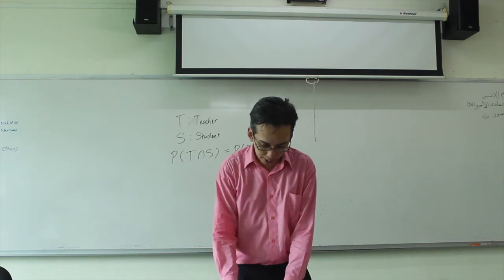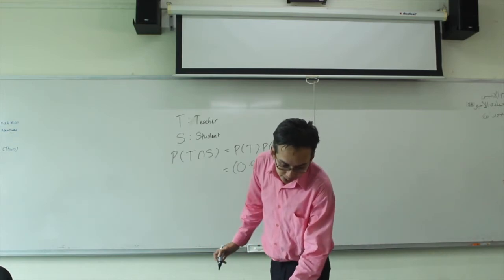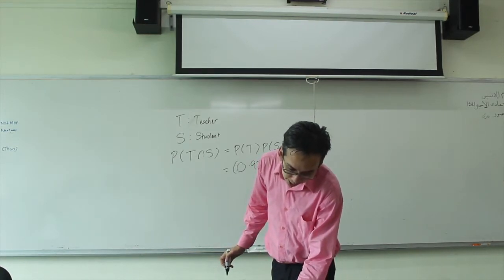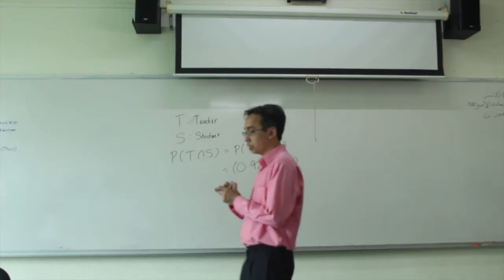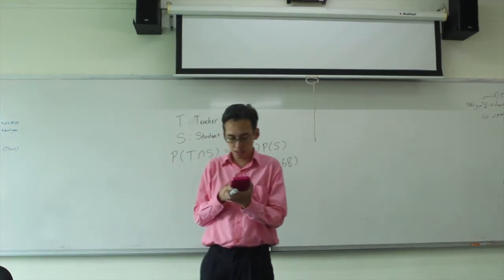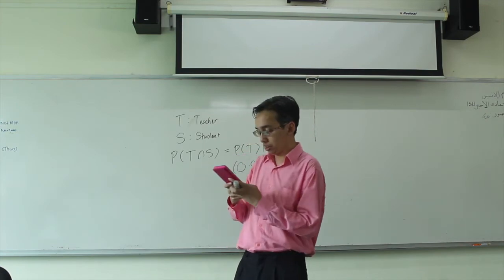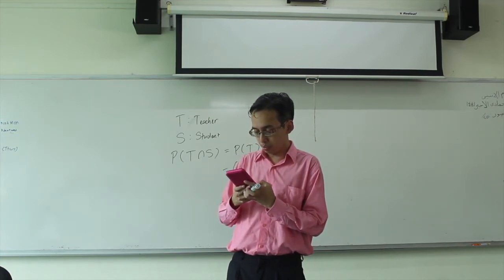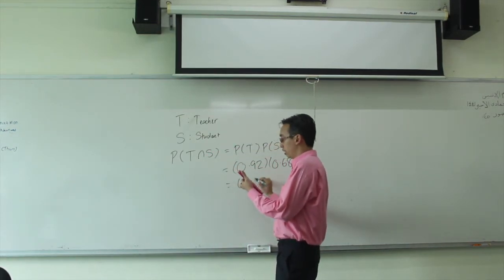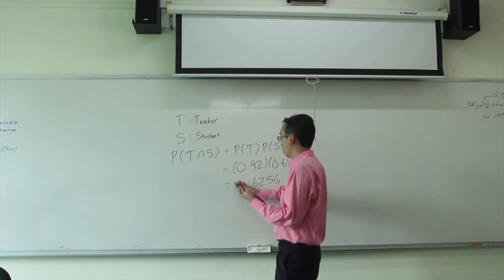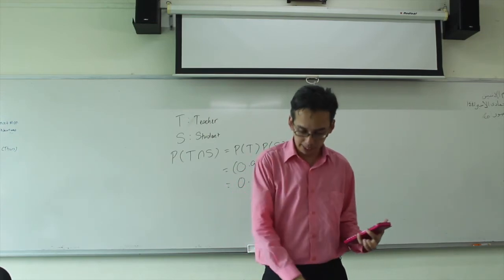The probability of the student's photocopier working is 68%, so we plug in 0.68. Multiplying that out, 0.92 times 0.68 gives 0.6256. That's part A.